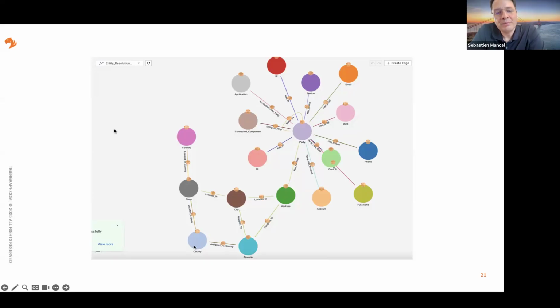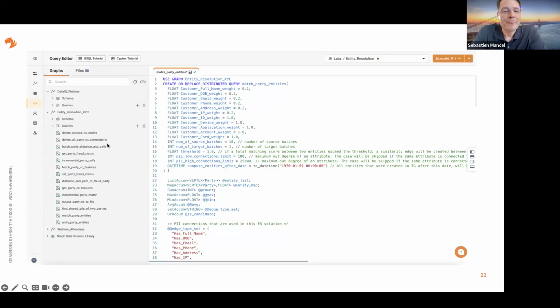Now we've included pre-built queries to demonstrate also that organizations can keep customer information clean while reducing fraud and regulatory risk. And that's where we're going to go next. So what we're looking at here is the GSQL query that powers the match party entities operation in the entity resolution solution kit.